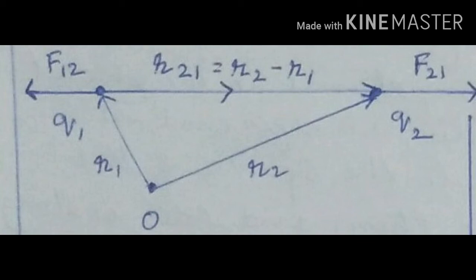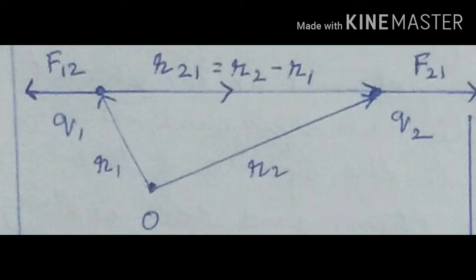F21 is the force experienced by Q2 due to Q1. Likewise, F12 is the force experienced by Q1 due to Q2. In this diagram, Q1 and Q2 are like charges.